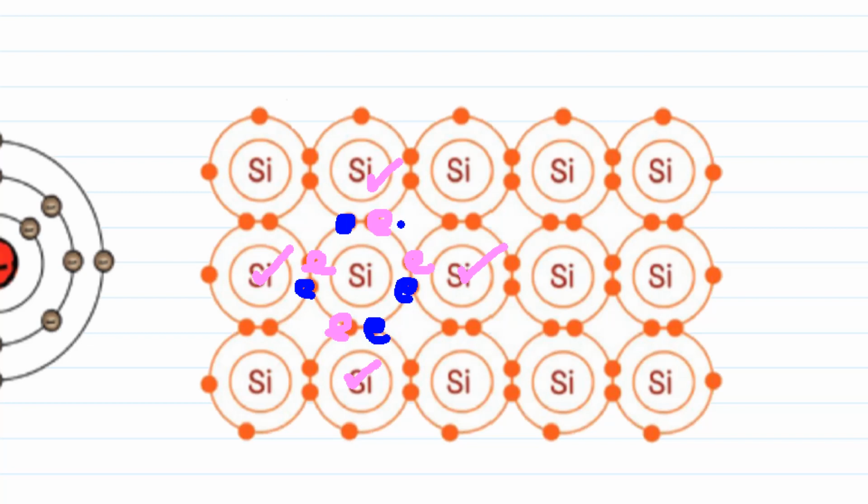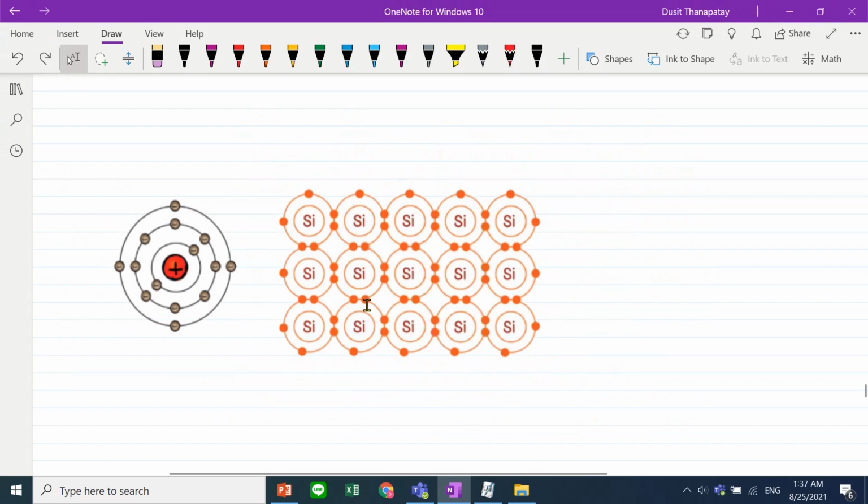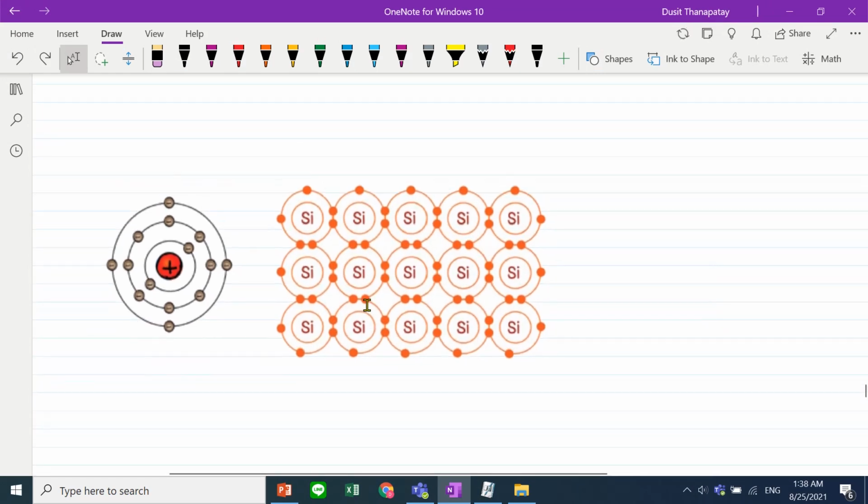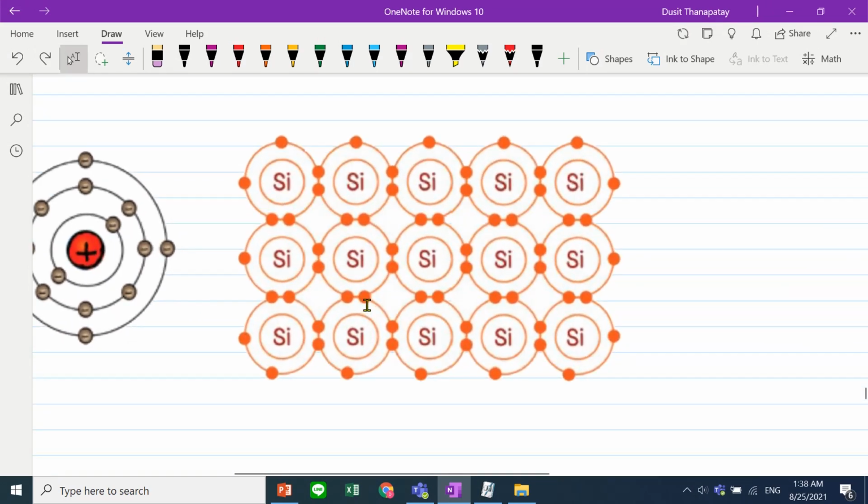Namely, we share electrons between this atom and this atom, and so on. This kind of bonding is called covalent bond.